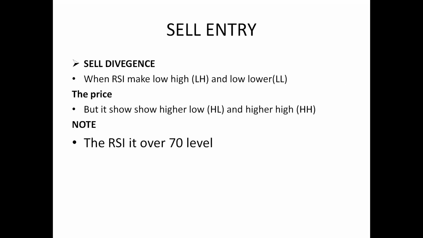And for the sell, we are going to look for the divergence when the RSI shows lower highs and lower lows, while the price is showing that we are going for higher lows and higher highs. And note, RSI is supposed to be over the level of 70.